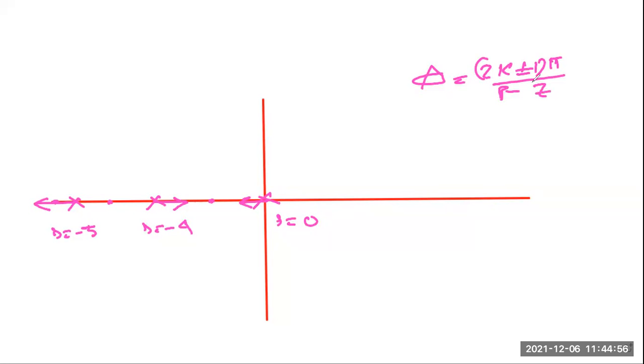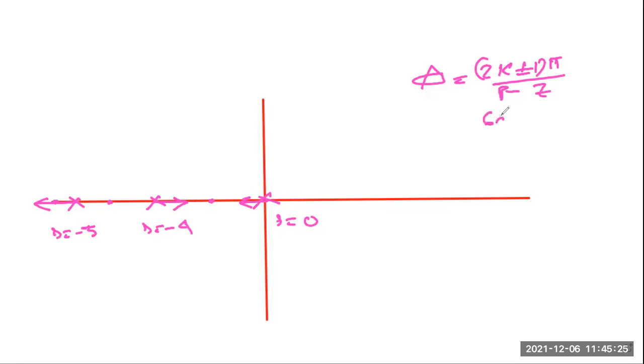You substitute k equal to 0. If k equal to 0, then what will be the value? 60 degrees. If k equal to 1, 180 degrees. K equal to 2, 300.